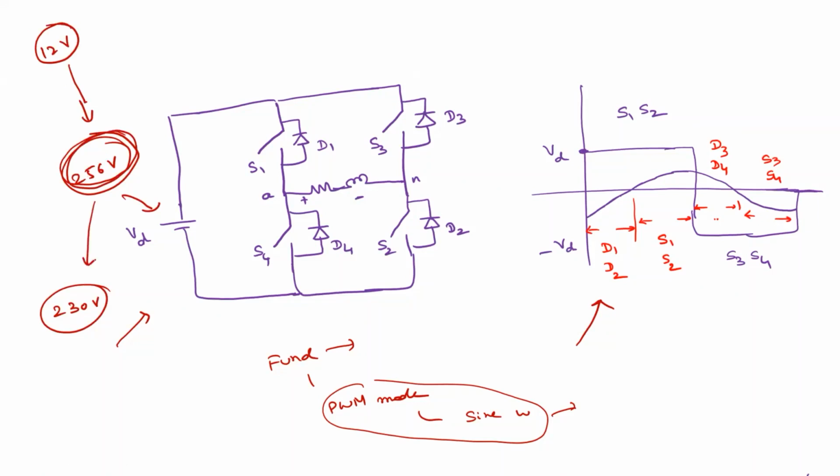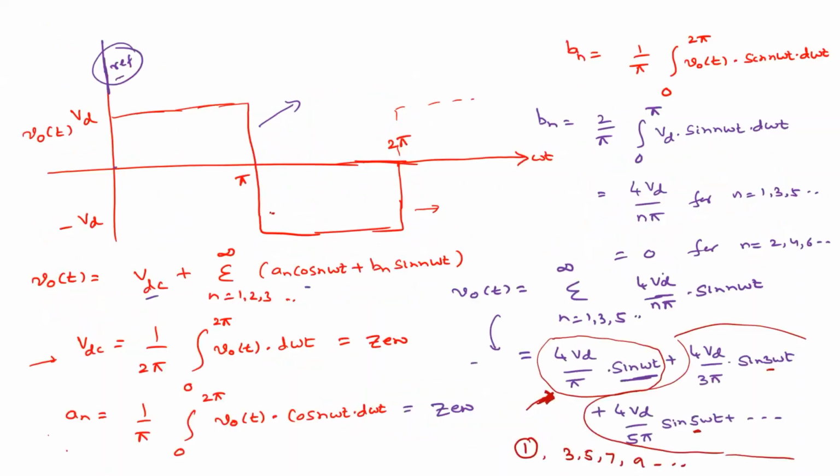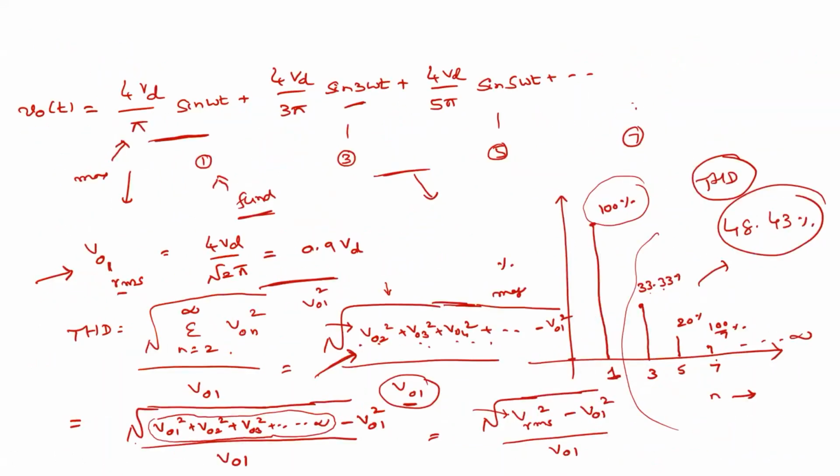So from that, this is the DC-DC converter, and this is the inversion. So you can obtain this 230 volts. So this is how the square wave inverters will work. It's clear?